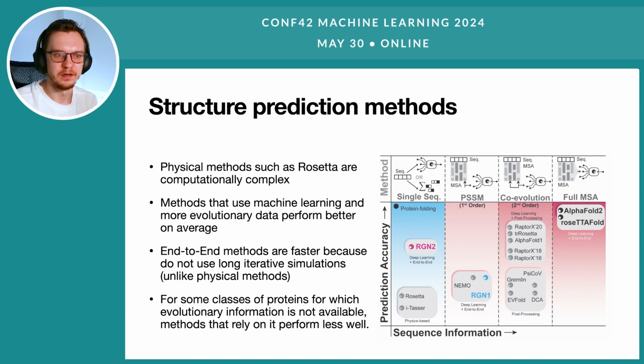And the other thing is that end-to-end deep learning methods are usually faster than physics-based methods, and we will talk about why in a moment. So on average, if you have more information, you have more accuracy using different kinds of information. You get higher prediction accuracy.